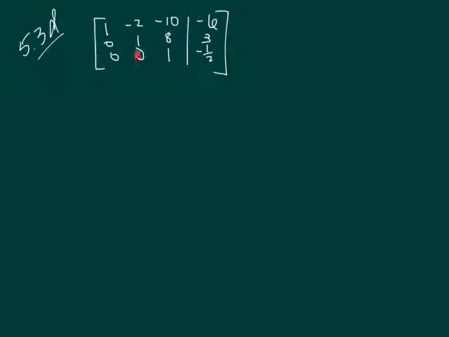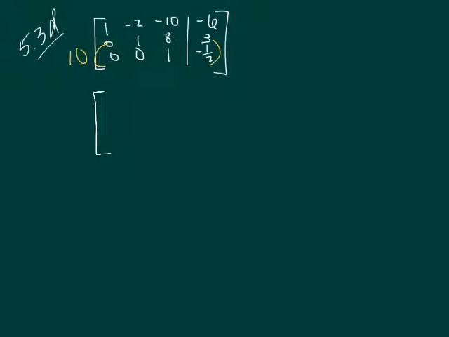So we look here at this third row because there's a 1 here, and if we multiplied that third row by 10 and added that third row to this row, that 10 times 1 here would be 10, plus negative 10 would make that a 0.